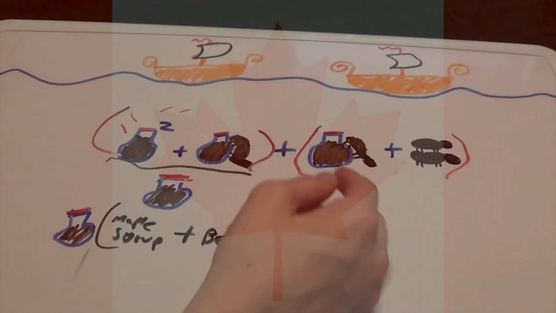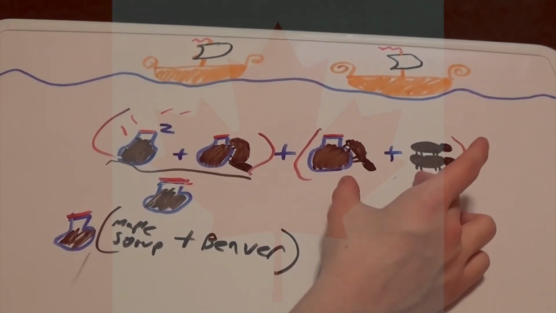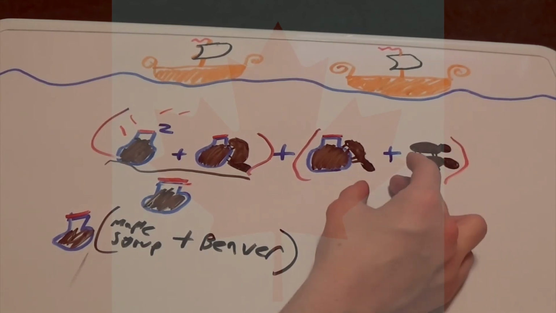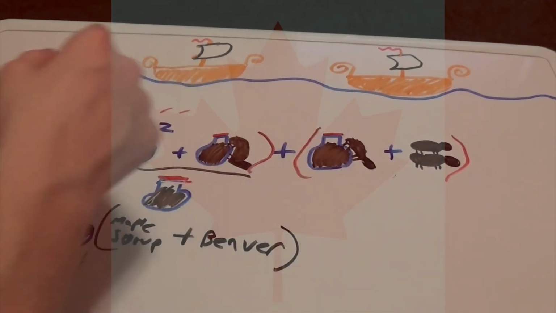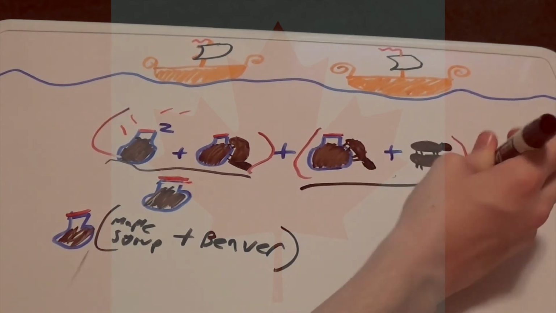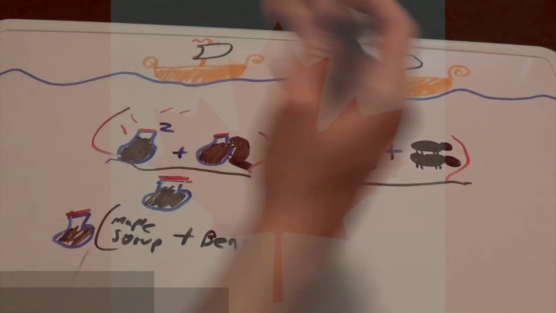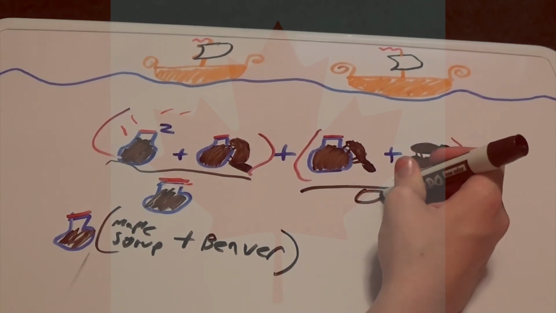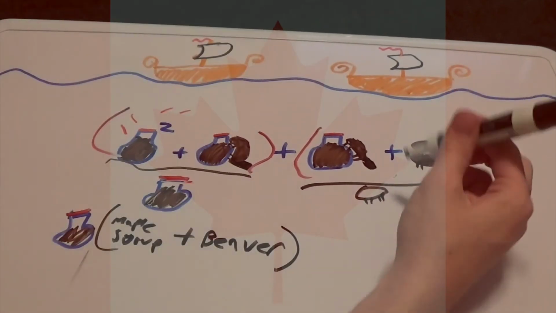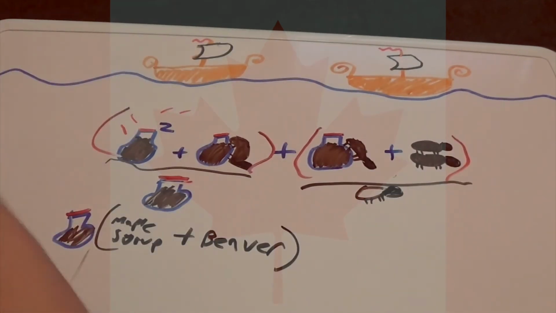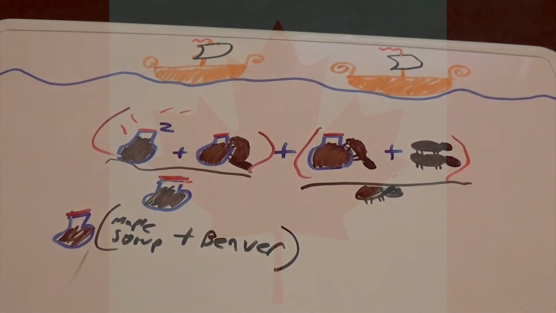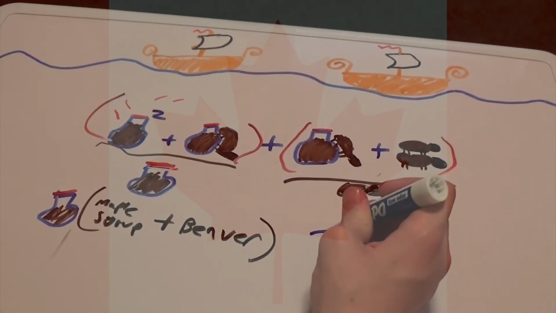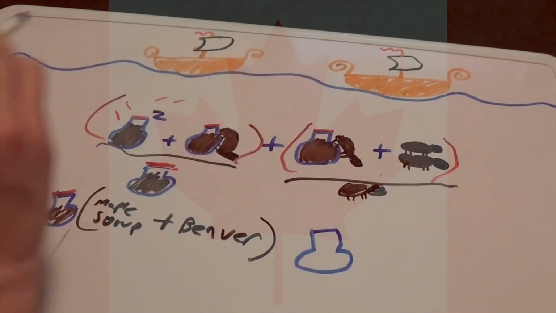So if I go to the next part, now these seem to have more beavers, so I think the greatest common factor is a beaver. So I'm going to divide by one beaver. Quote that, divide by one beaver. So we divide by one beaver, and that'll get us, we're taking away this beaver right here, which will give us one maple syrup. It's actually more fun to draw them, I guess.